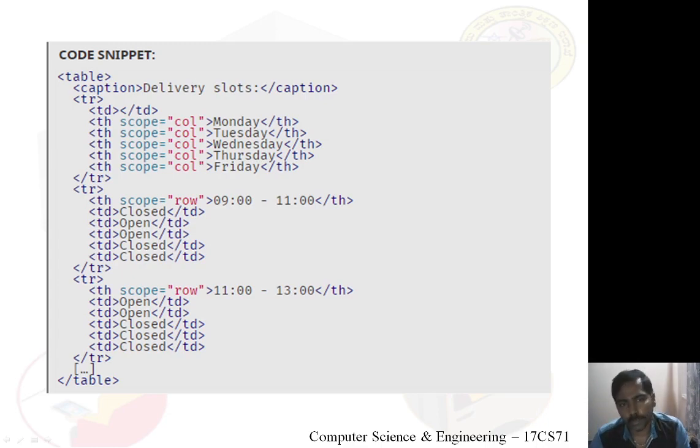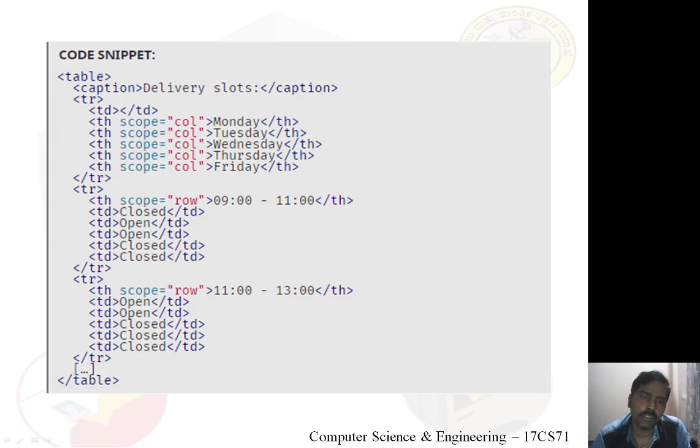Now, in the subsequent rows, you know that the first cell is a header. So in the subsequent rows, for the first cell, I'm using th, whereas for the other cells, I'm using td.